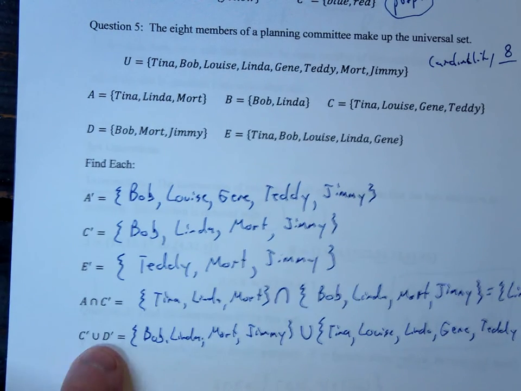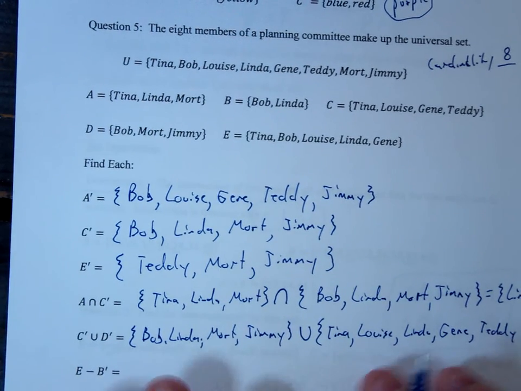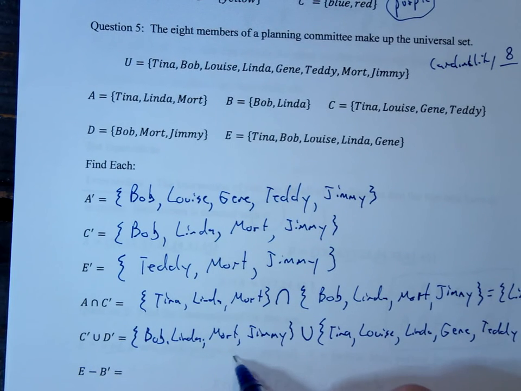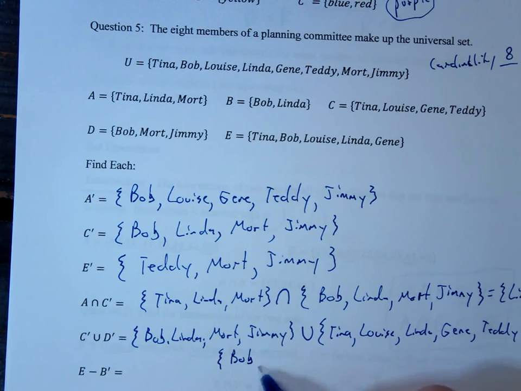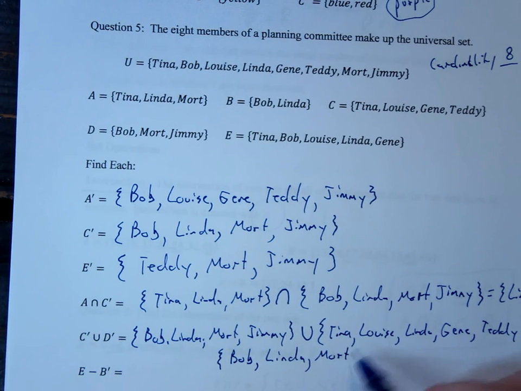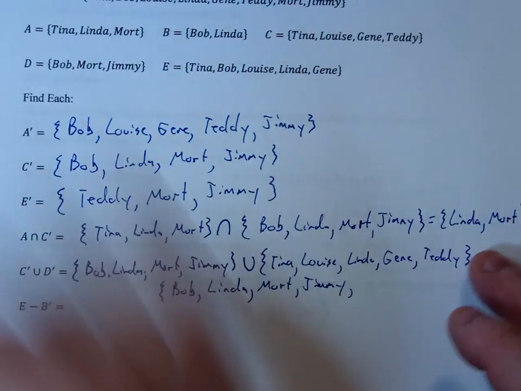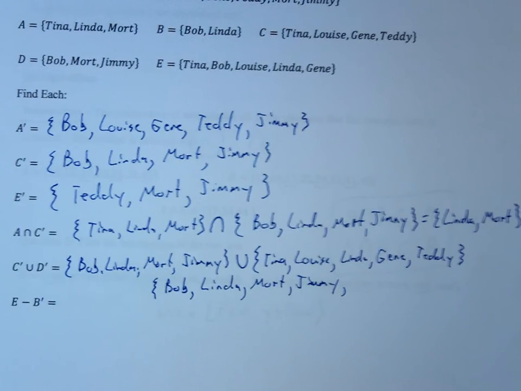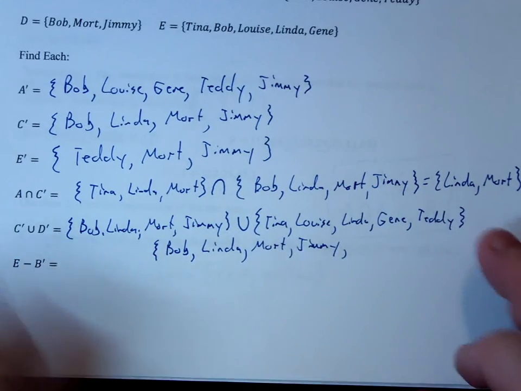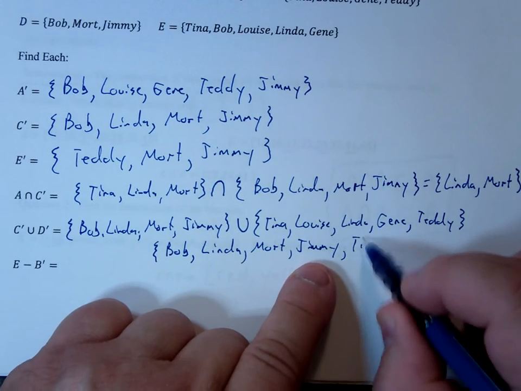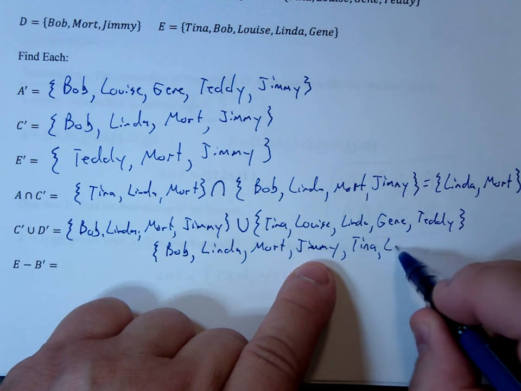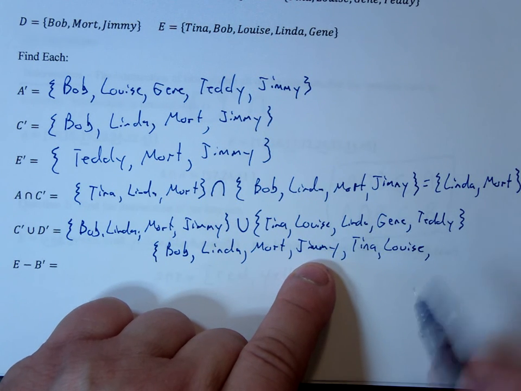And now the union is putting both of those together. So when you do the union, you can just take the first set: Bob, Linda, Mort, and Jimmy. And then add on anybody that's not already in the set. So Tina needs to be added on. Louise. Linda's already in there. Jean.